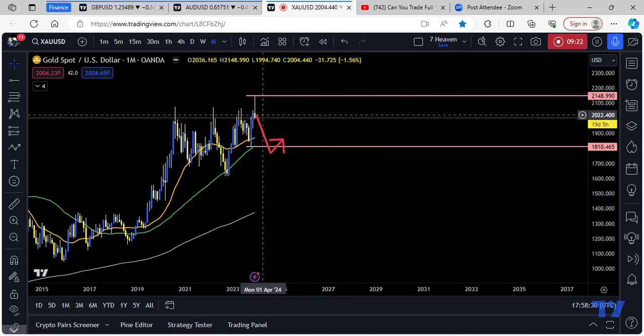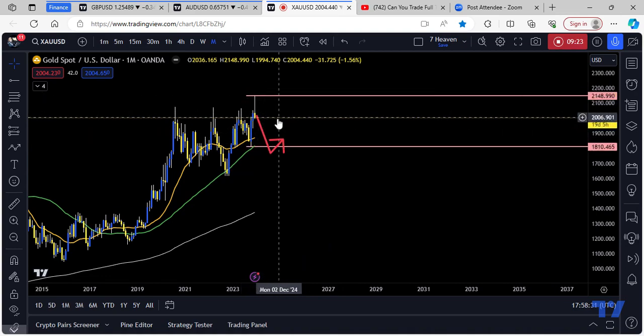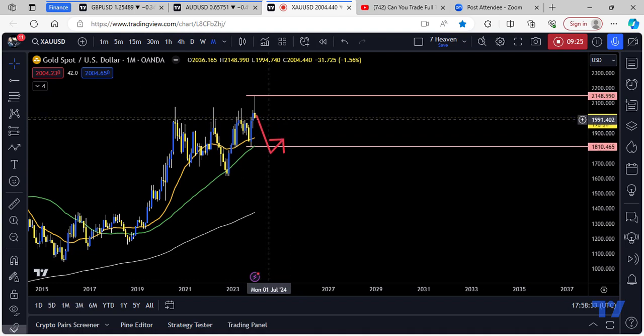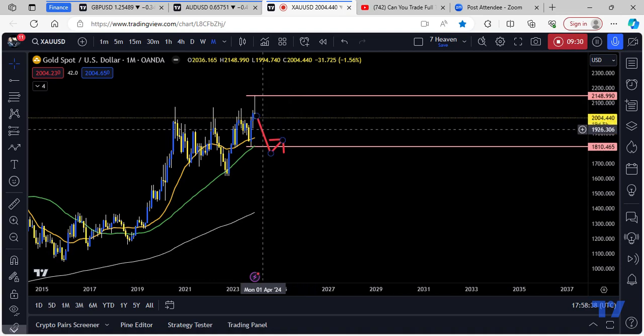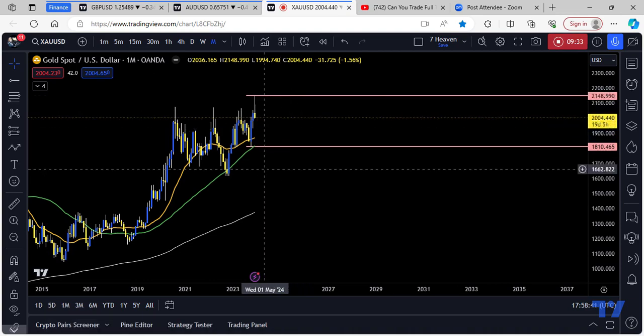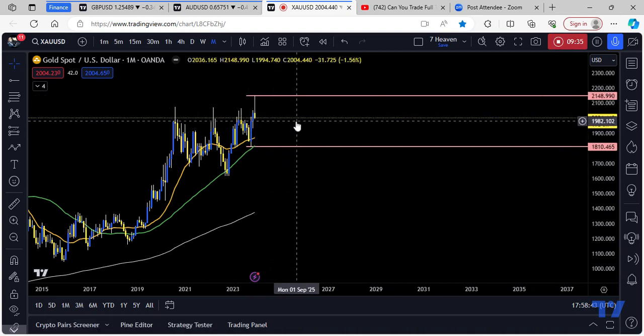But that's only if we break structure. If you're in between this line and this line, it's not set in stone yet. We have nothing yet. Basically, wherever it is between here and here is bullshit until we do a continuation from that high or we do a break of structure on that low.